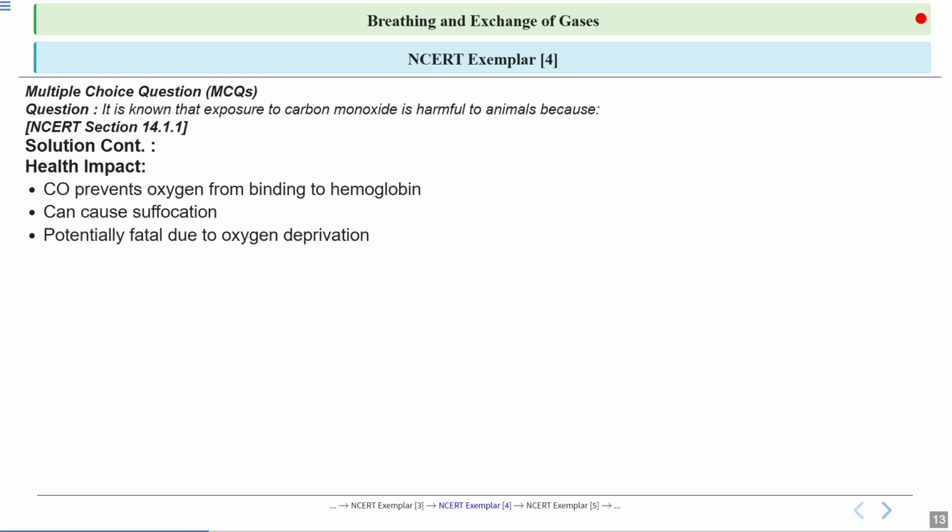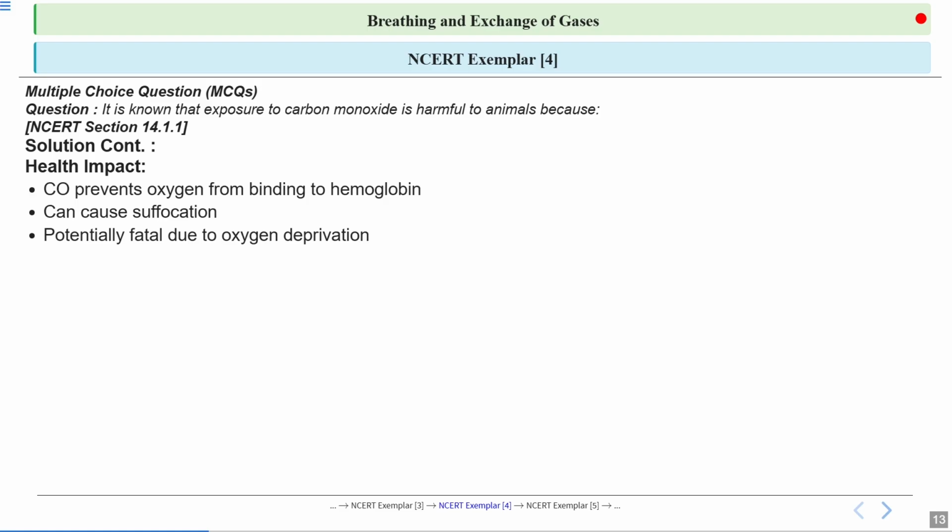So when you are in a situation where there is a fire, you are always advised to move by creeping or crawling and come out of that fire place, because when the gas is there, it always moves upward, and when you are in a standing position, you can easily take in this carbon monoxide or whatever harmful gas is there.